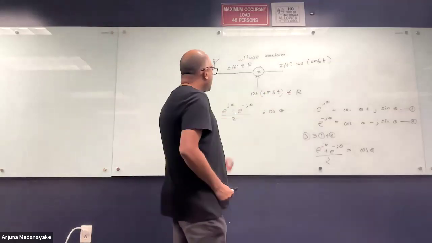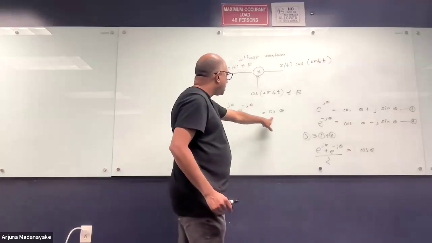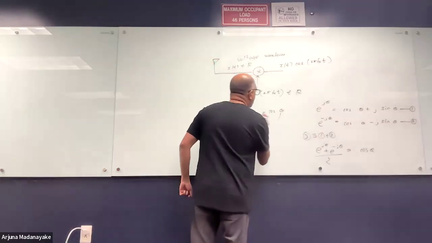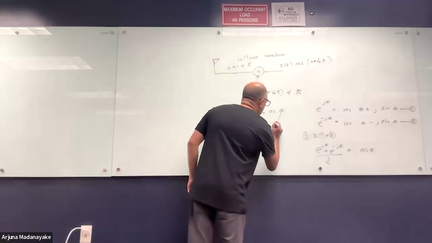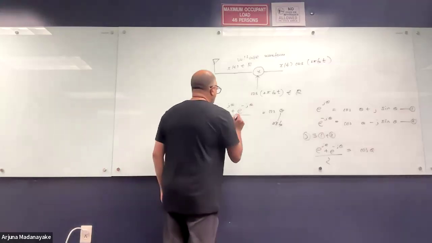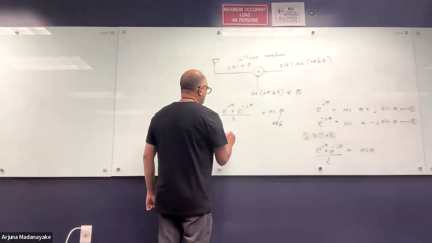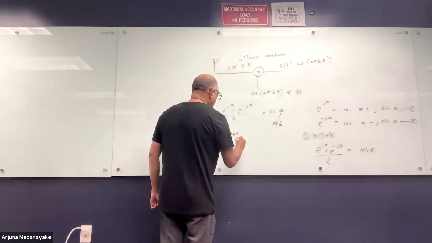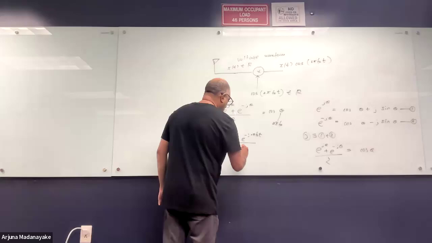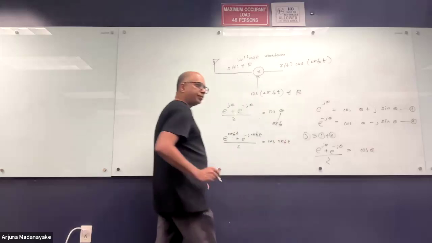So it's good that we did that, because that's exactly what we're going to do. We are going to use this theorem to show that cos theta is actually this, right? So I can plug in the phase of this component as 2 pi f naught. So if I have e to the j 2 pi f naught t plus e to the minus j 2 pi f naught t by 2, that is equal to cos 2 pi f naught t.